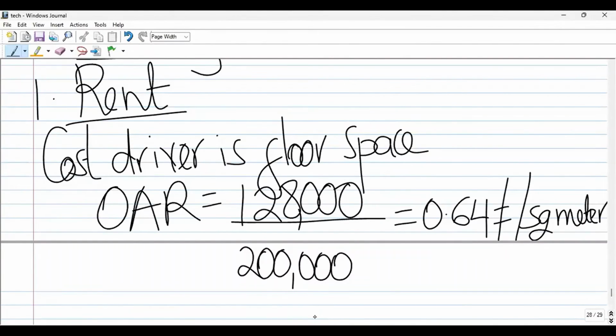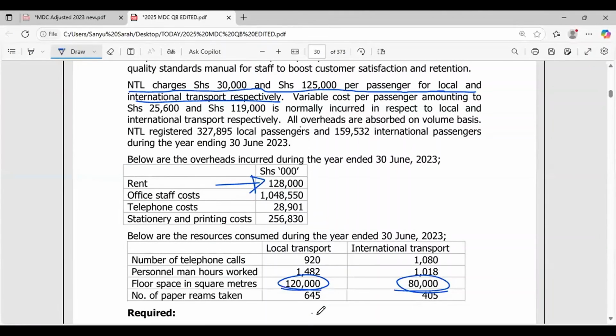Excuse me, madam. I'm getting 640 because the total cost under rent is 120 million. So if you're dividing it over 200,000, that means you're supposed to include the other zeros of 120.